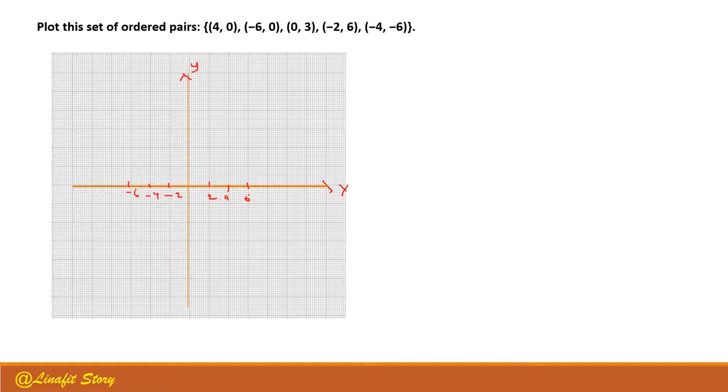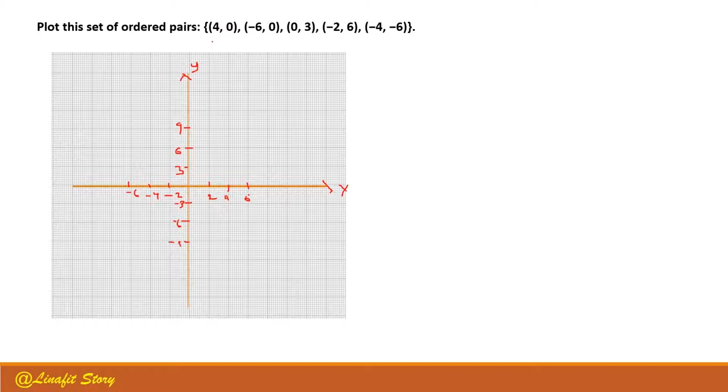So each tick mark on the x-axis represents 2 units. How about for the y-axis? I write over here 3, 6, 9. Then below here, -3, -6, -9. So each tick mark on the y-axis will represent 3 units.